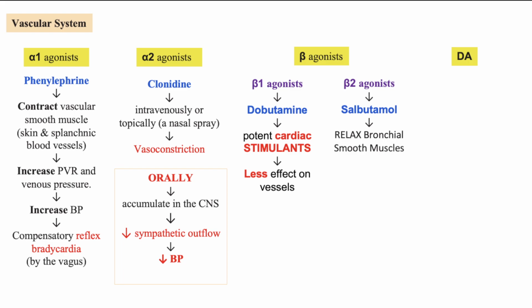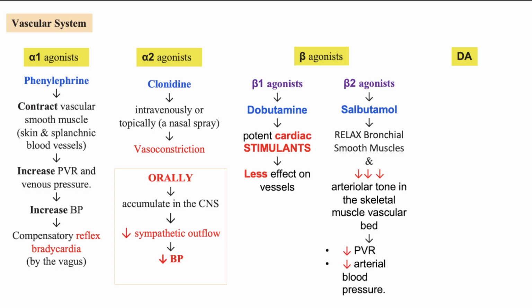Beta 2 receptors are also present in the blood vessels, leading to vascular smooth muscle relaxation and dilation of the blood vessels. And there will be a decrease in the arterial tone in the skeletal muscle vascular bed, decreasing the peripheral vascular resistance, as well as a decrease in the arterial blood pressure.